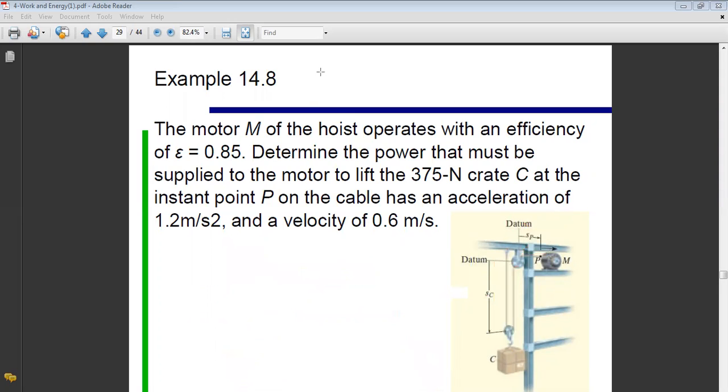Okay, so now if we apply on the box the second law of Newton, we have 2T up and we have the weight down. And please remember that your acceleration AC is expressed in which coordinate system? AC is minus 0.6 in the downward coordinate system. This is why we keep doing the second law of Newton in this coordinate, because if you choose the upward coordinate system, you should not forget to put minus MAC.